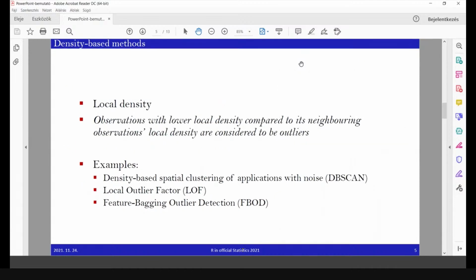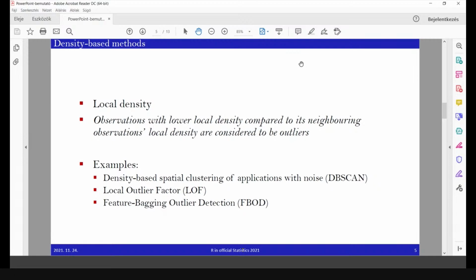These density-based methods have in common that they are dealing with local density. What it really means is that they take the nth neighborhood of an observation, and they try to calculate its density, so how many observations are in there, or how dense the observations are in that neighborhood.